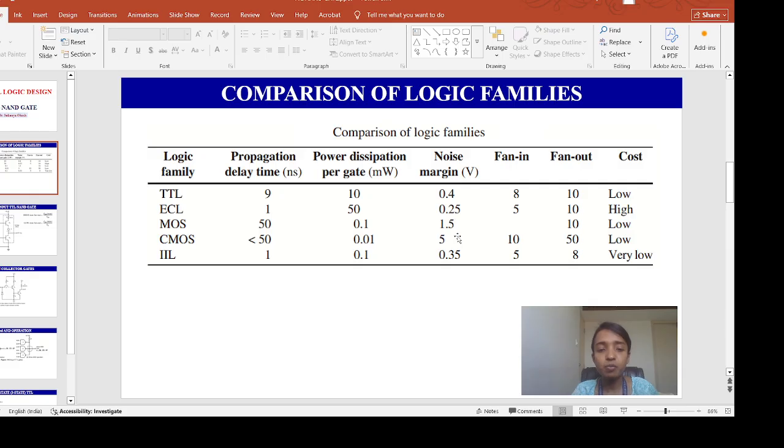A higher noise margin means that a circuit is more robust and less susceptible to noise interference. That means we are going to get more reliable operation.